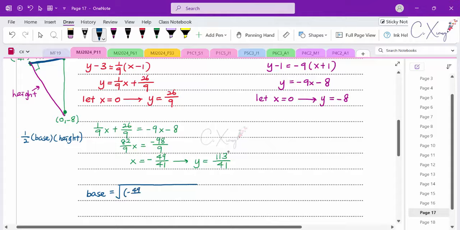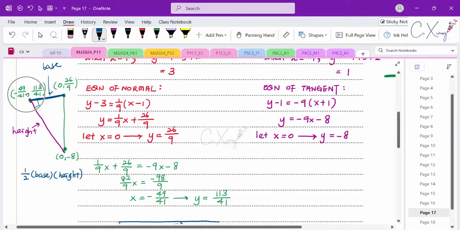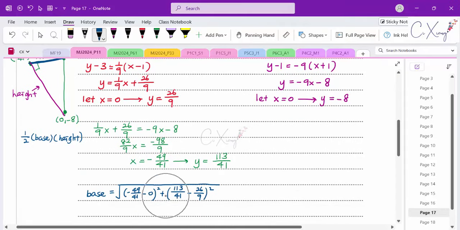So you make this y1 minus y2 square, 26 over 9, then you square it. I'm using these 2 points, this one and also this one, to find the length for the blue color base. The base length that I get is a long value, so I just write out long.